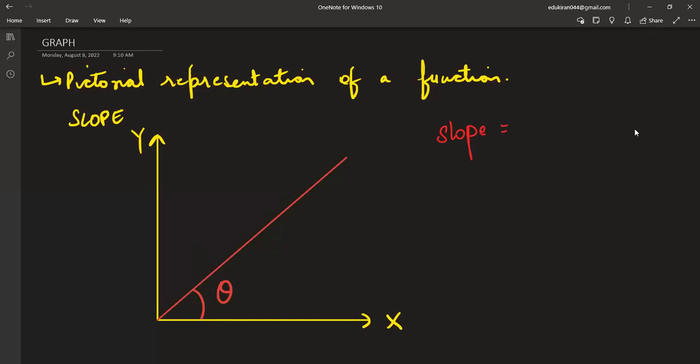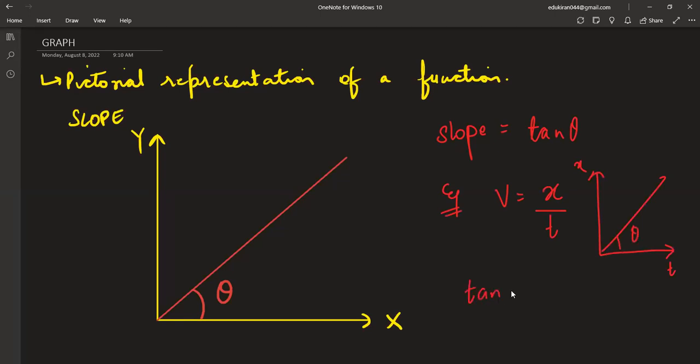The slope of the graph is calculated using tan theta. For example, if velocity is equal to displacement upon time, and you have a displacement versus time graph, how will you calculate it?